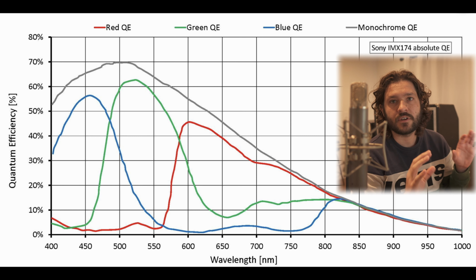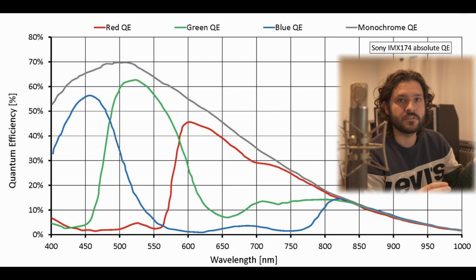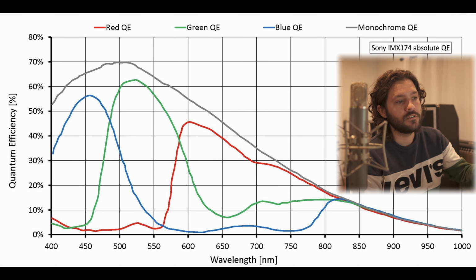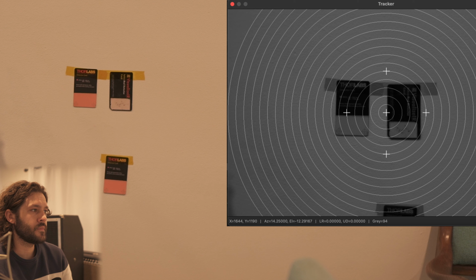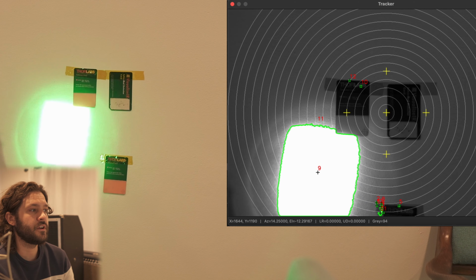So I'll give you a side-by-side: the visible camera, which is just the camera I'm using right now, and the near IR camera, which is just grayscale and is what the tracker is running on, and then we can see which of those cameras can see and track those wavelengths. Alright, so on the left we've got the visible camera, which is the same Sony camera I'm using right now.